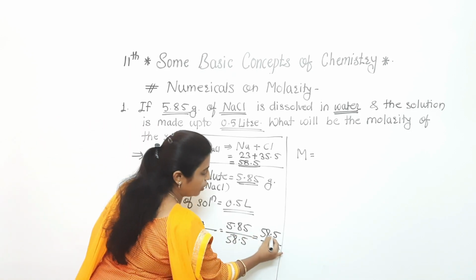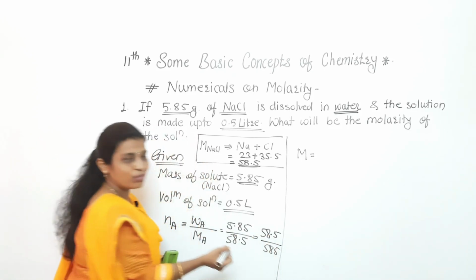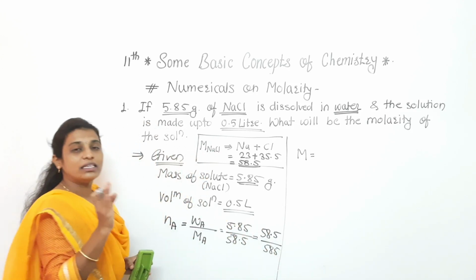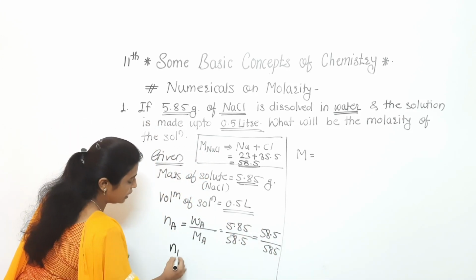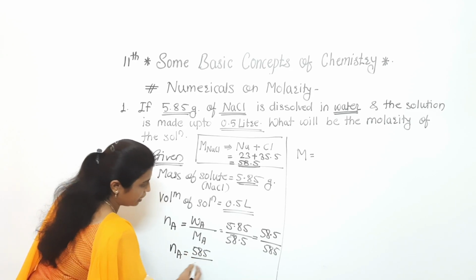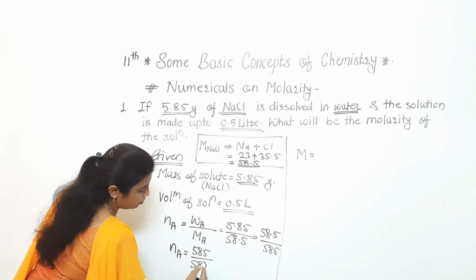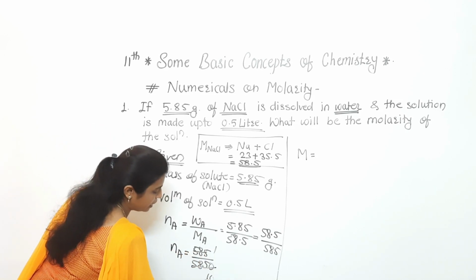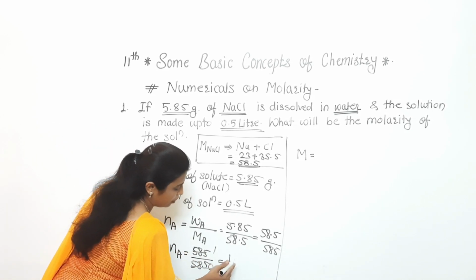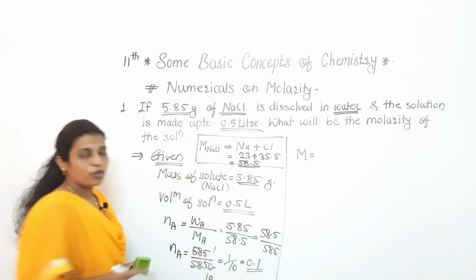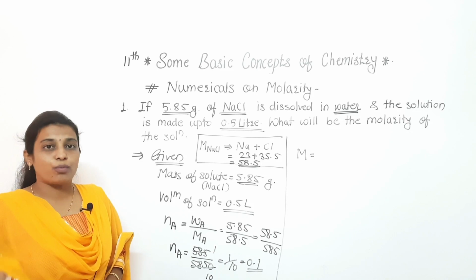When we shift one decimal and there is no digit, we have to add a 0. So n_A is equal to 585 divided by 5850. Clear to everyone? The answer is 1 by 10, which is nothing but 0.1. So the number of moles of solute is 0.1.